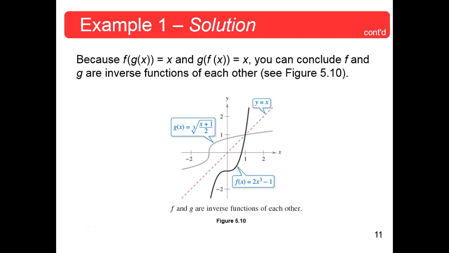Interesting things to note: if f is an increasing function, g also is an increasing function. If f was decreasing, g is decreasing. Neither f nor g can both increase and decrease, because then they won't work. And we'll see that just now.